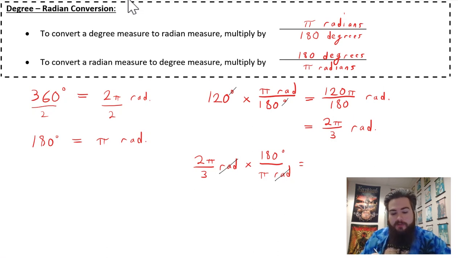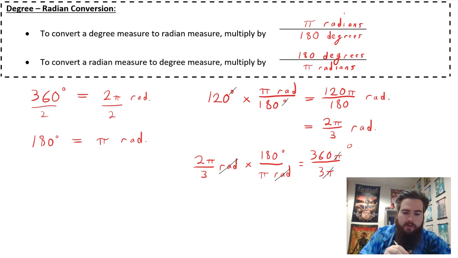If we do 2 pi times 180, that will give us 360 pi over 3 times pi is 3 pi. This will be an amount in degrees, or if you simplify by canceling both pi in the numerator and denominator and factoring a 3 out of both the numerator and denominator, you will get 360 divided by 3 is 120 degrees.